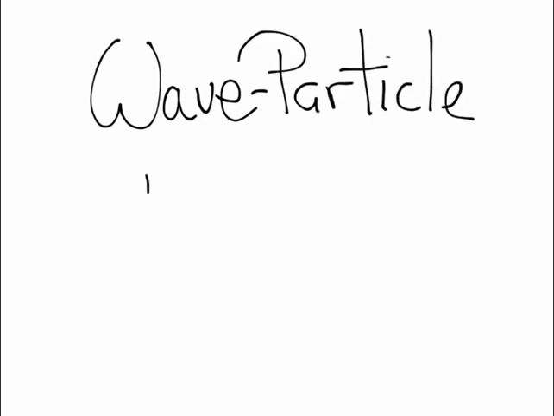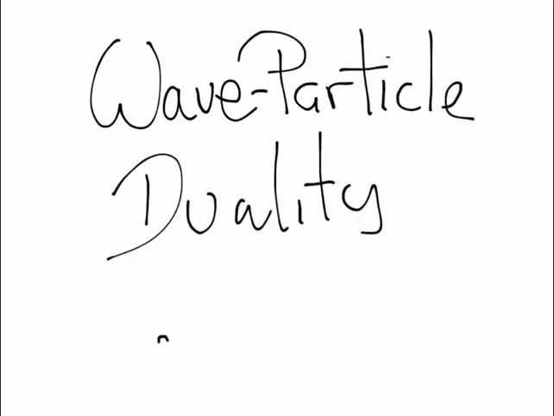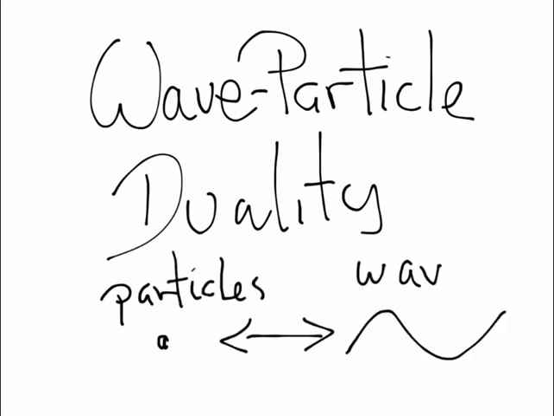Now, one of the basic properties of quantum mechanics is what we call wave-particle duality. We're all used to thinking of things in two different ways. We can think of little chunks of stuff that we call particles: a pool ball, a marble, an electron, a nucleus of an atom.